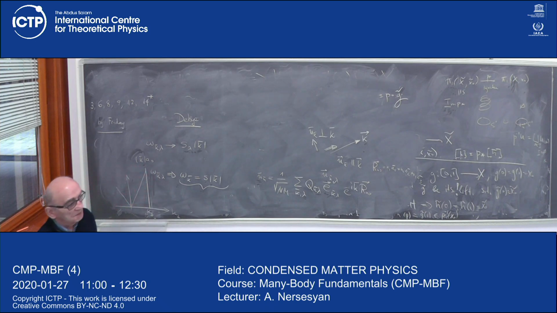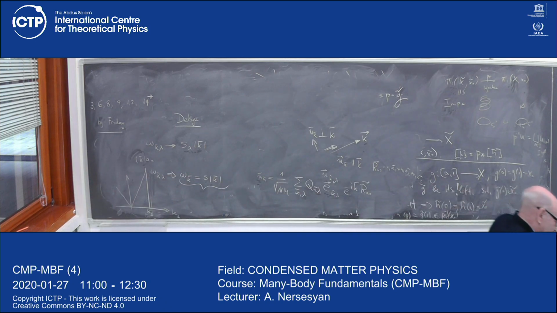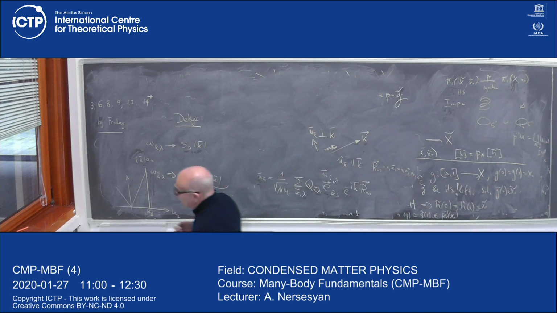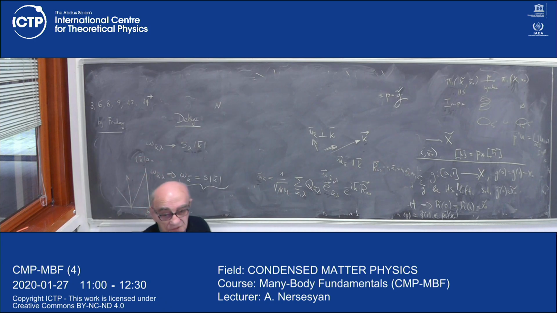But now there is a problem. How to count the number of allowed states? We have to remember that if we are in the Brillouin zone, and M is the number of unit cells, the unit cell may contain more than one different atoms.